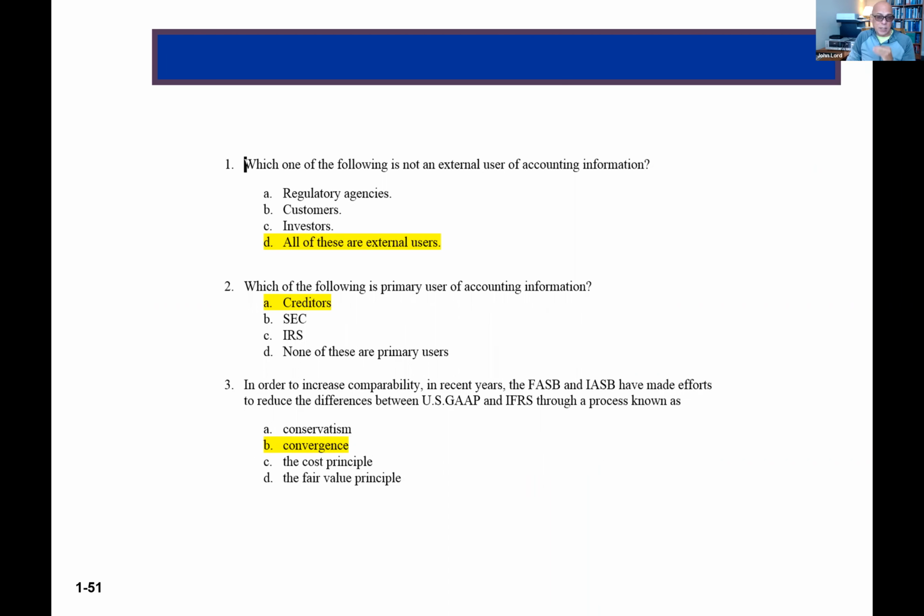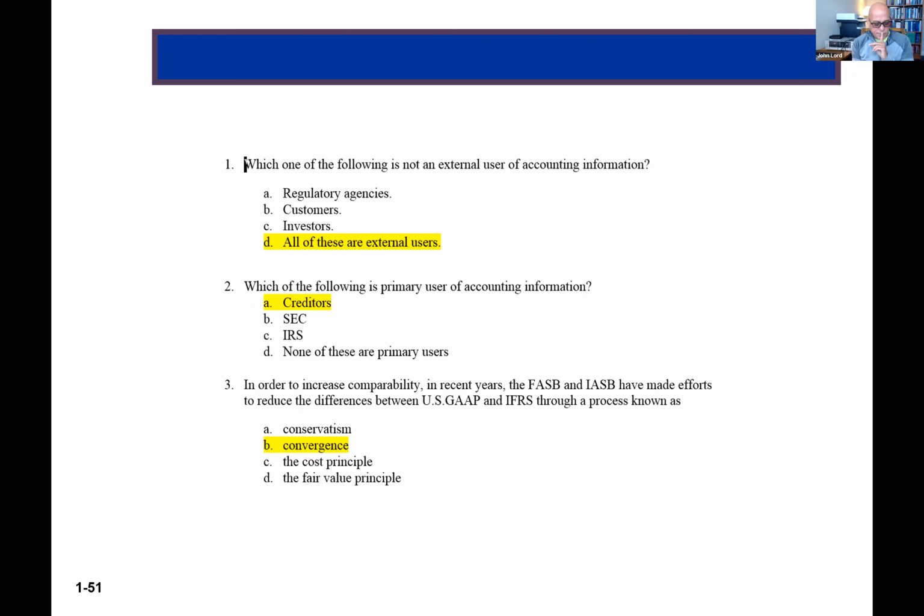So when the FASB thinks about asking a company to provide information in their financial reports by issuing a standard, a generally accepted accounting principle, they are basically thinking about primary users, the investors and the creditors. Okay. So when you look at this second question, which of the following is a primary user? Ding, A is obviously the correct answer because it's a creditor, and investors are primary users. These others, SEC, IRS, they're external, but they're not what? They're not primary users. Question.